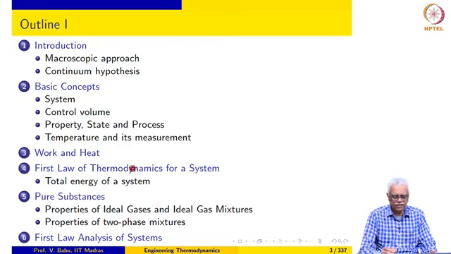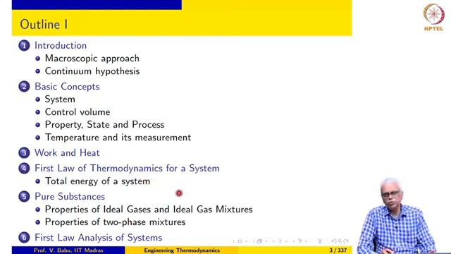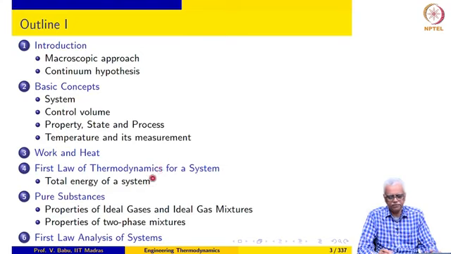And this discussion will bring out the fact that a new property may be identified for a system, namely the total energy of a system. Just like pressure, temperature, volume, and so on, the total energy of a system is also a property. So, that is what will come out of this module.